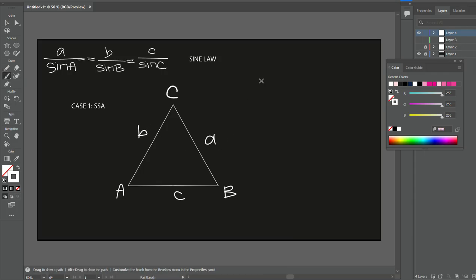So let's say a is 5 and capital A is 60 and our b is 3. So there is 3 missing here.